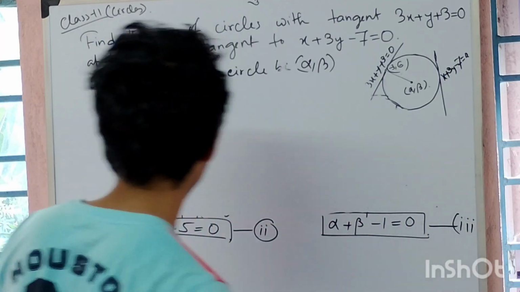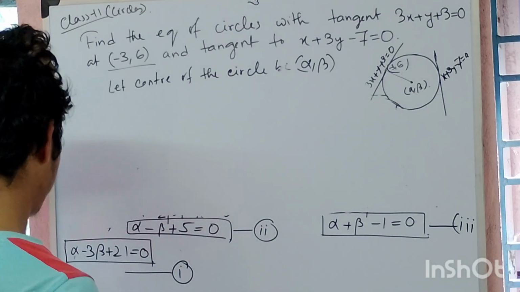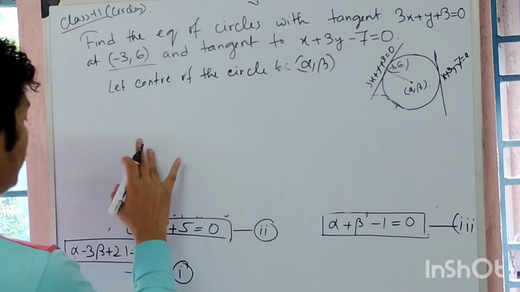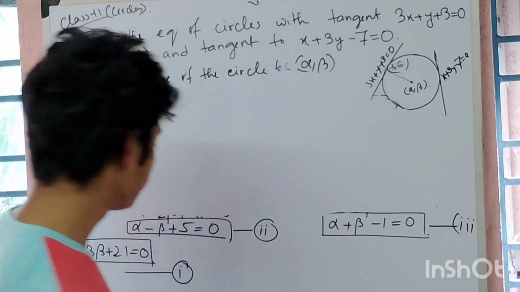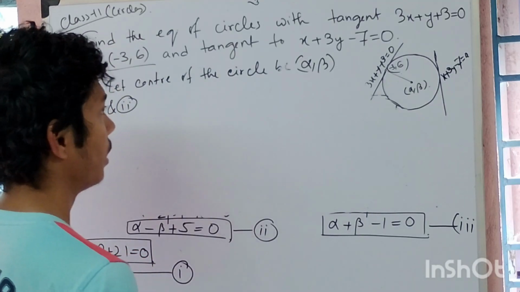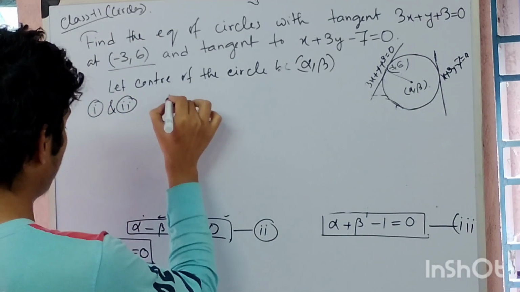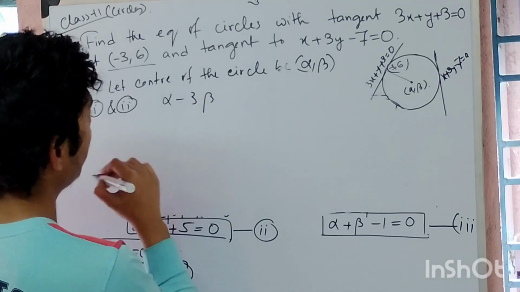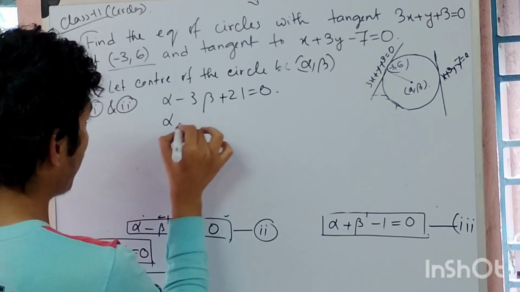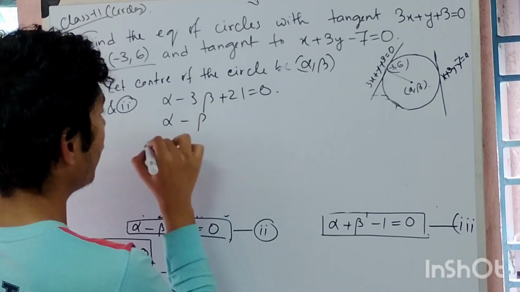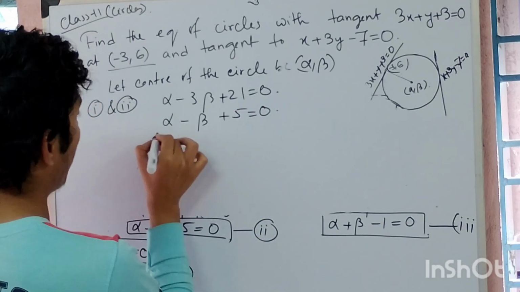Done. Now I am taking equations 1 and 2 and solving by the elimination method. From these two I get alpha minus 3 beta plus 21 equals 0, and alpha minus beta plus 5 equals 0.